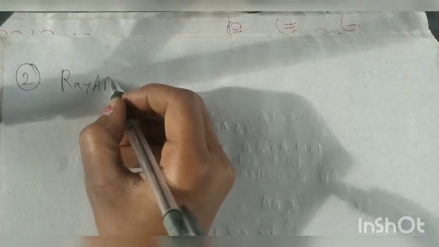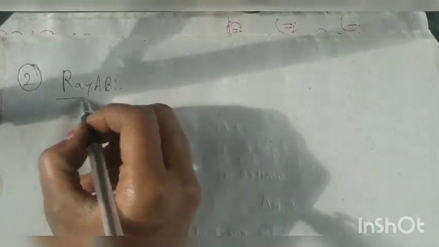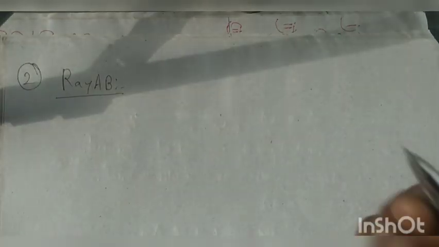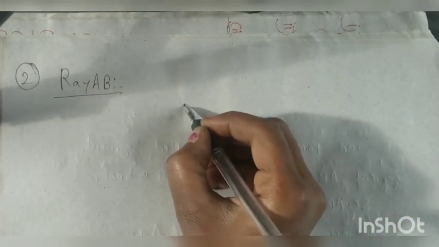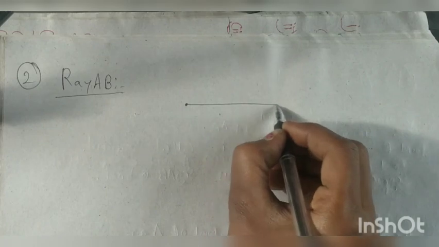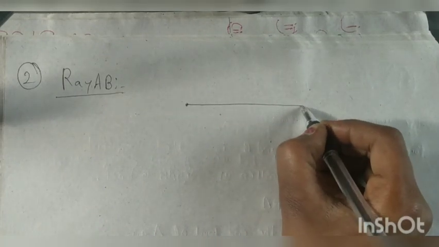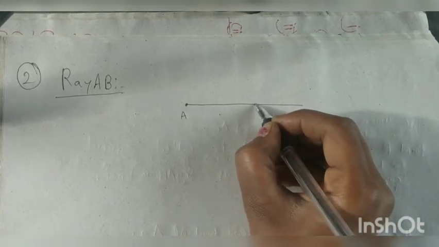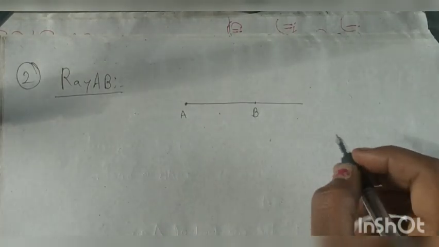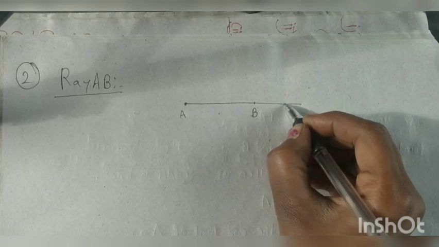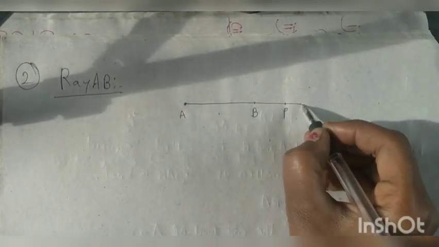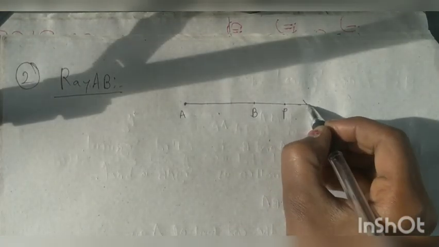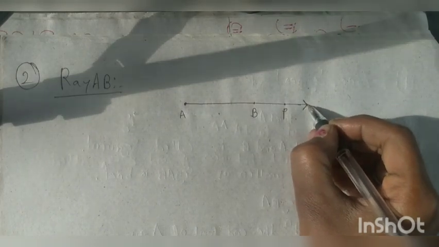Ray AB. Here we have point A, point B is here. This is our point P. Here we have an arrow.